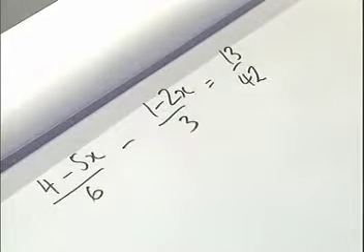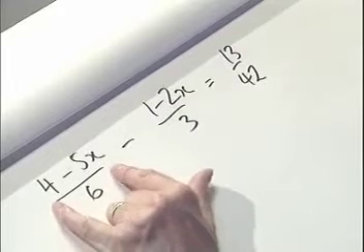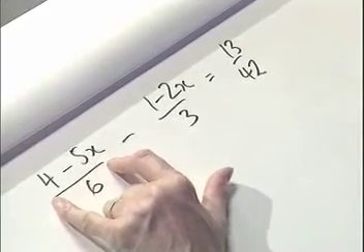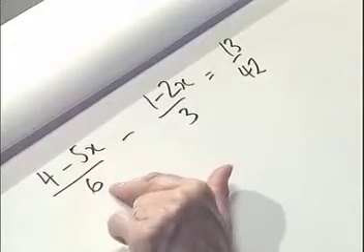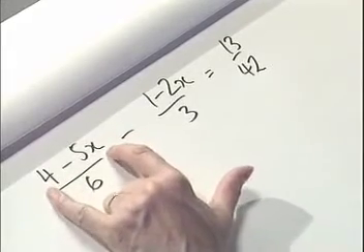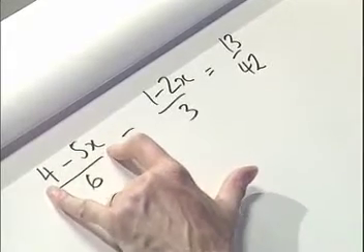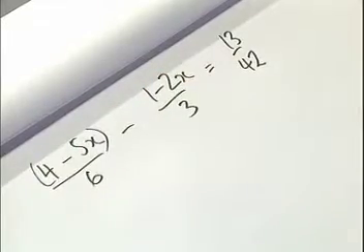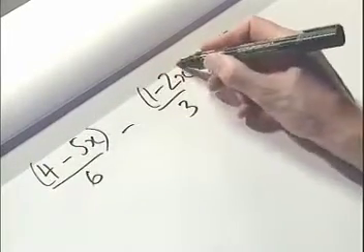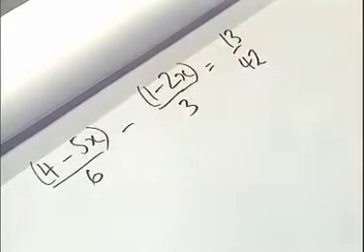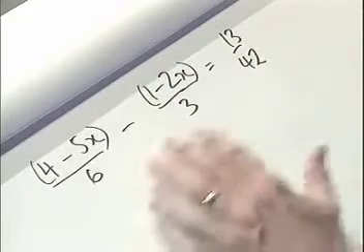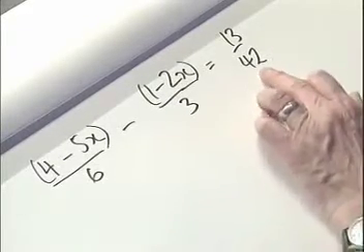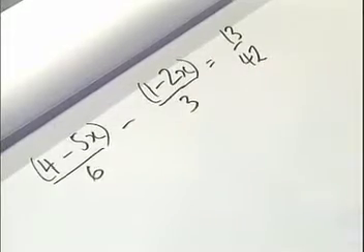What are we going to do? First of all, let's remind ourselves that this line not only means divide 4 minus 5x by 6, but it means divide all of 4 minus 5x by 6. So let's put it in a bracket to remind ourselves, and let's do the same there. Now we need a common denominator, 6 and 3 and 42. Well, 6 goes into 42 and 3 goes into 42 as well.